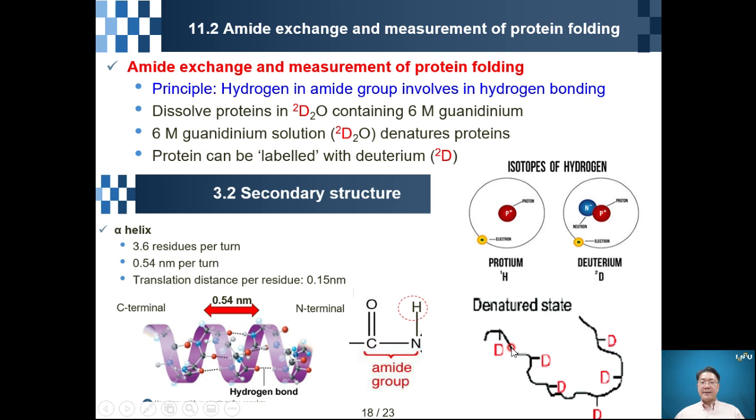Also the solution has D2O, so during the denaturing step, the proteins can be labeled with deuterium. So this is the first step.